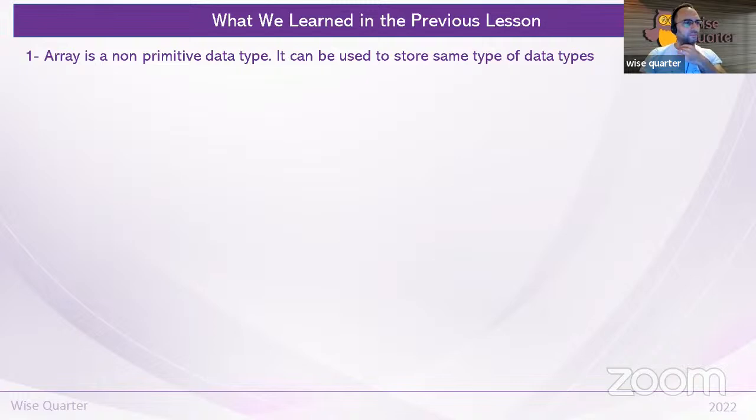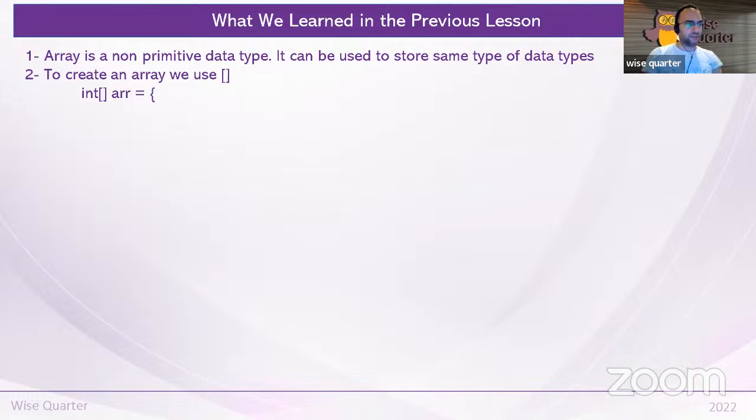Second, to create an array, we use square brackets. How do we create it? Let's write an example here. Integer array, the name, and equals to.